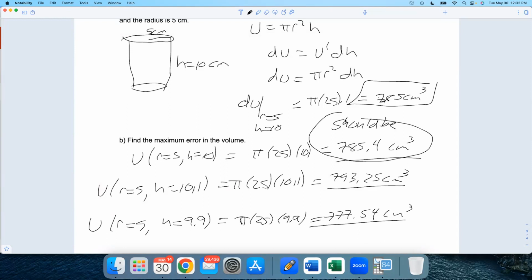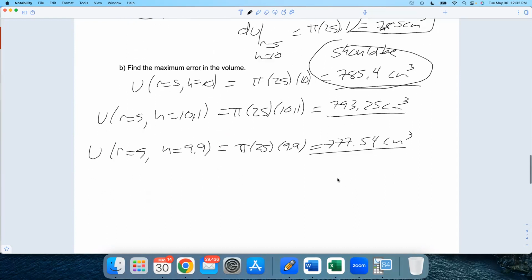So the maximum error is going to be whichever possible error is bigger. So we're going to have to find both errors. So the upper error, if the machine makes this thing bigger than it's supposed to be, then the maximum error we're going to have in that direction would be 793.25 minus 785.4.